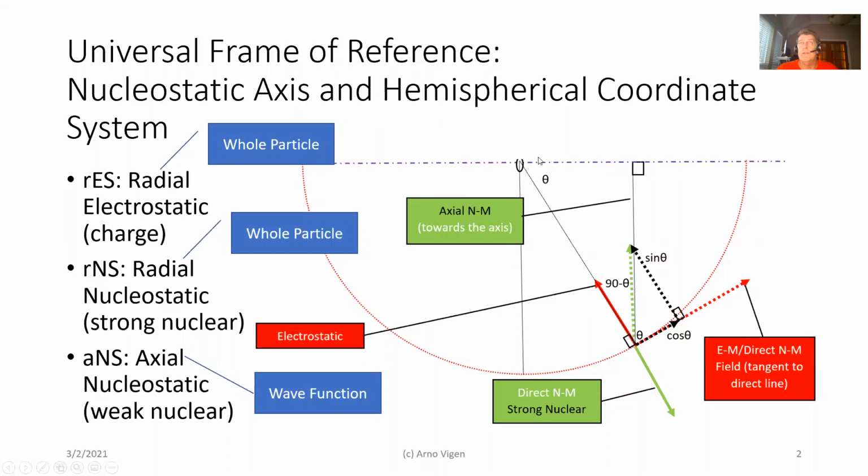And this doesn't go in this direction, but it goes depending upon a theta, an angle, an inclination angle from the poles. Or if you like to think of this in hemispherical coordinates, that's a longitude from the equator. But since the axis is on the poles, I use inclination angle, not its complement. So this is the basic three fundamental fields in the world, in the universe.